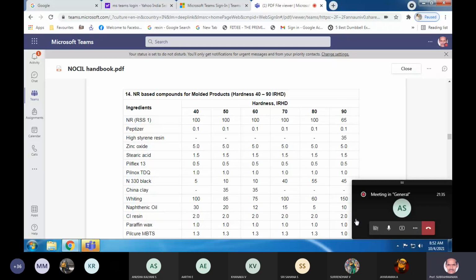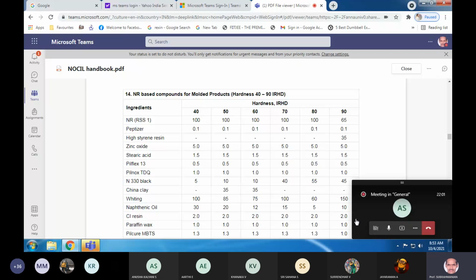Then you have the process oil. So naphthenic oil. The formulator has been very specific in using a naphthenic oil. Naphthenic oil and NR, if you ask me, that is not the best combination, because with NR, aromatic oil is fine. So why naphthenic oil?